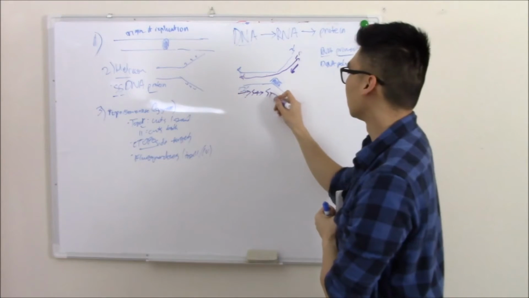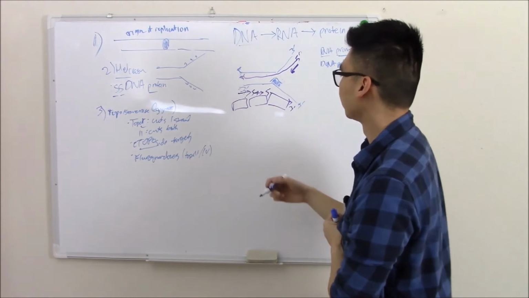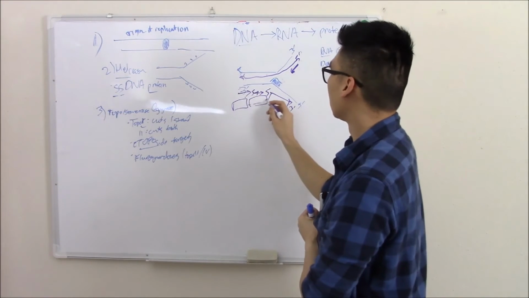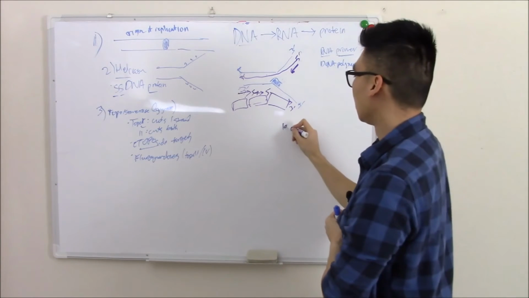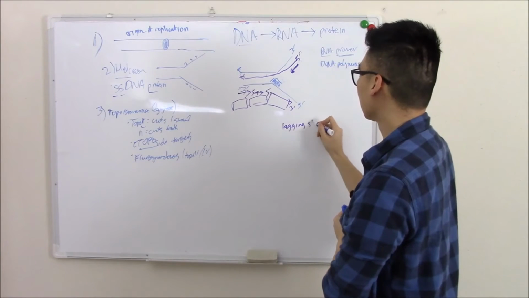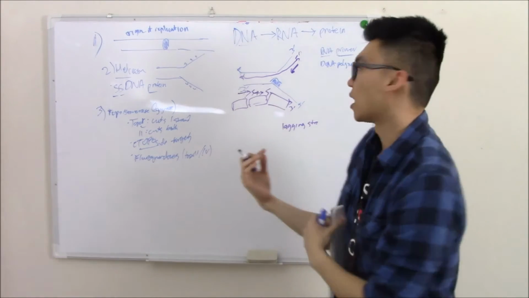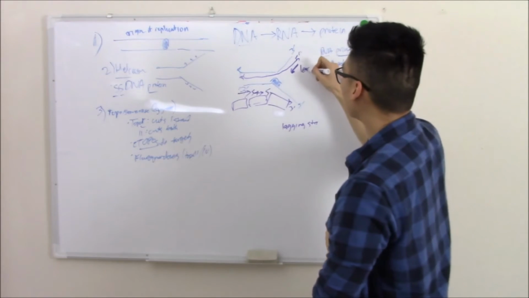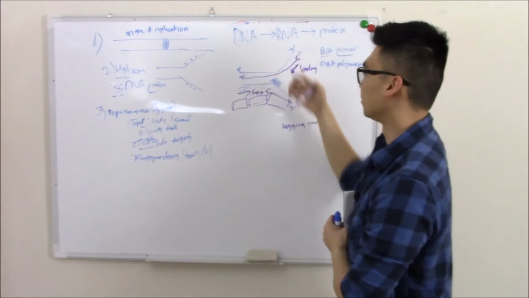So it comes out somewhat fragmented. The fragmented strand is going to be your lagging strand because it's always waiting for that next piece. It's always lagging behind. This, however, is going to be your leading strand. It doesn't need to wait. It can continuously make DNA.